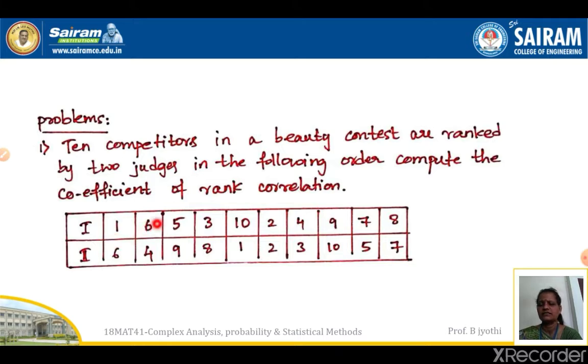A 6th rank is given for contestant number 2 by judge 1, whereas the 4th rank is given for the same contestant by judge 2, and the 5th rank is given by the first judge for the third contestant, and the 9th rank by the second judge. So we need to take the differences of all these ranks.